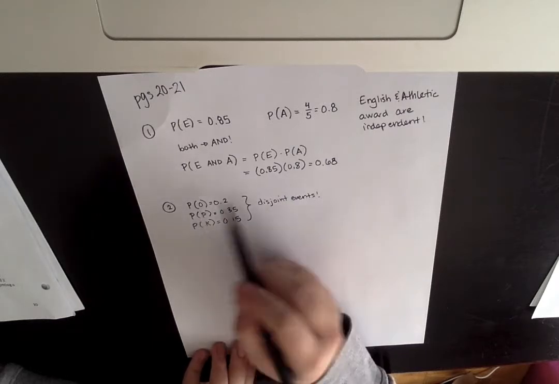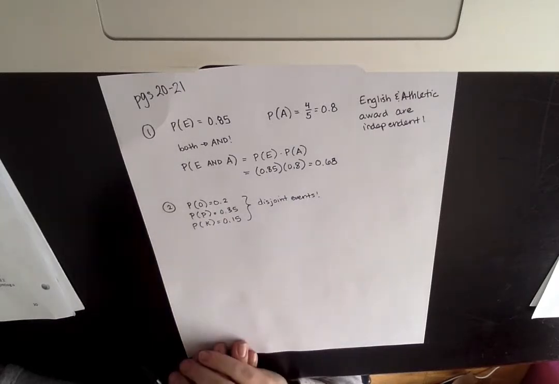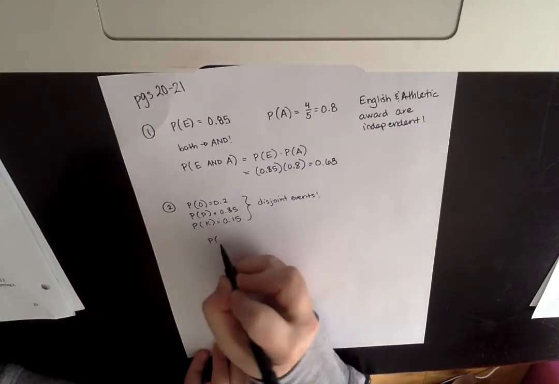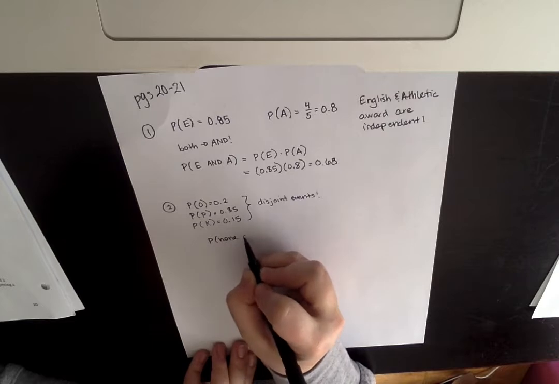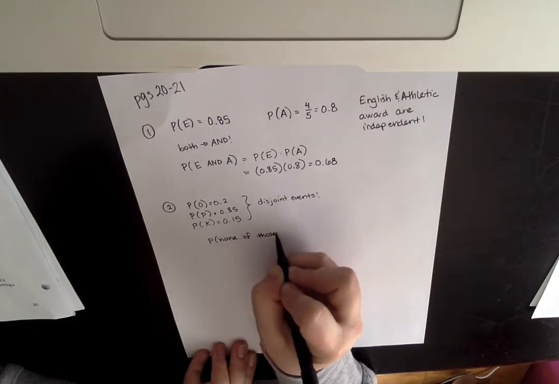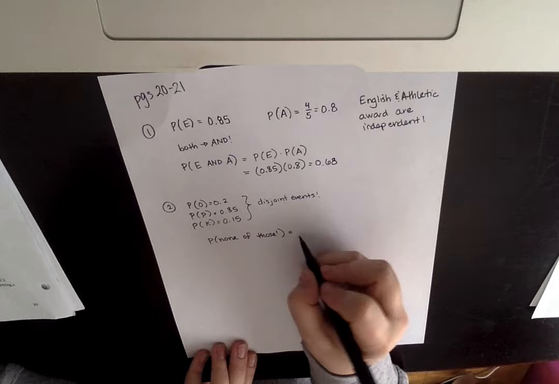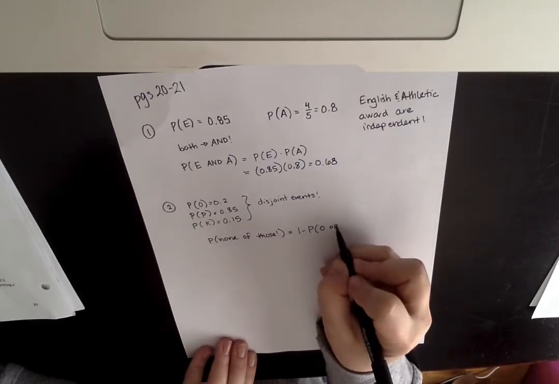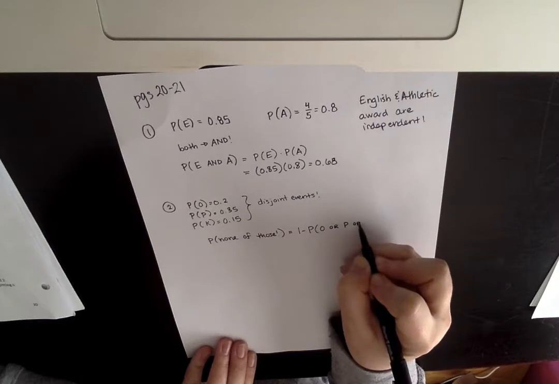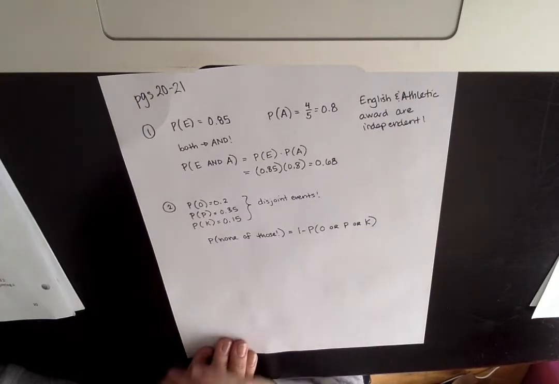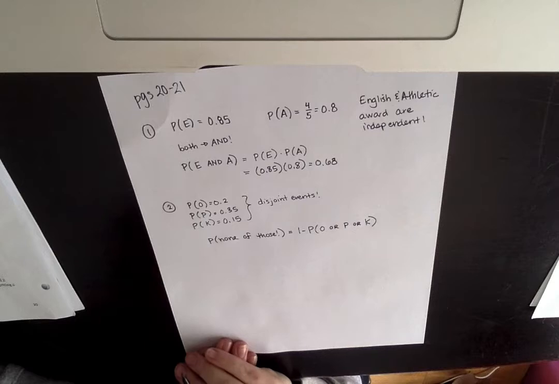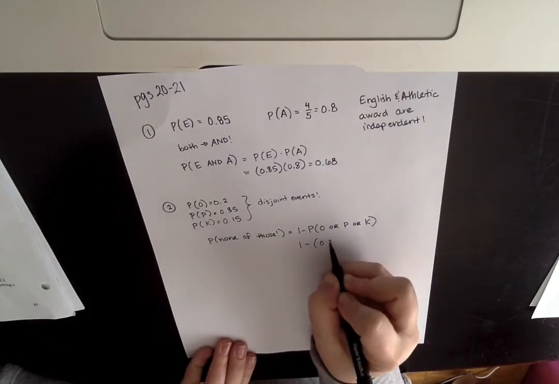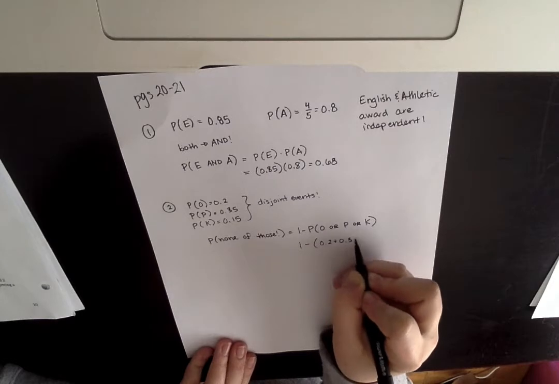So if these are the three options that were given, then her leaving them in none of those places would be 1 minus the probability of the office or the purse or the kitchen. And the word or for disjoint events implies that we can actually add these probabilities together.